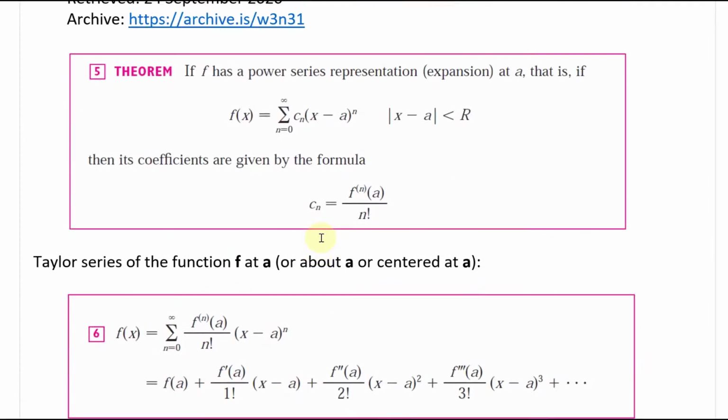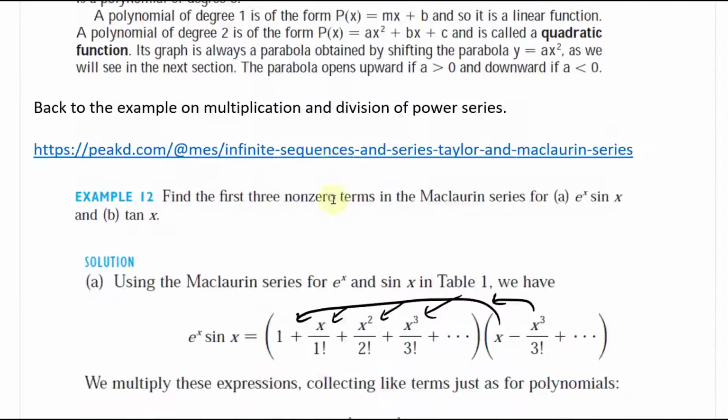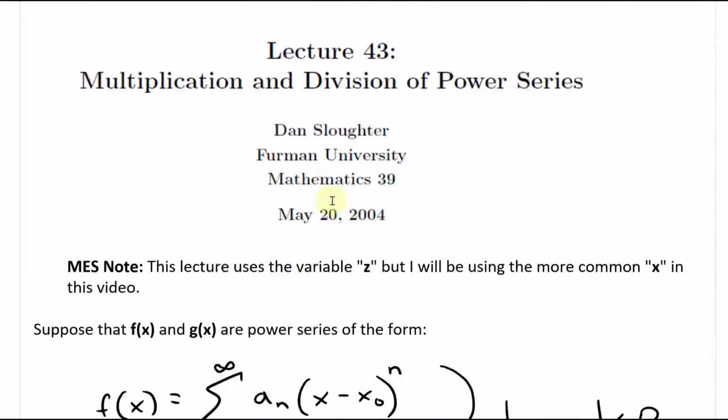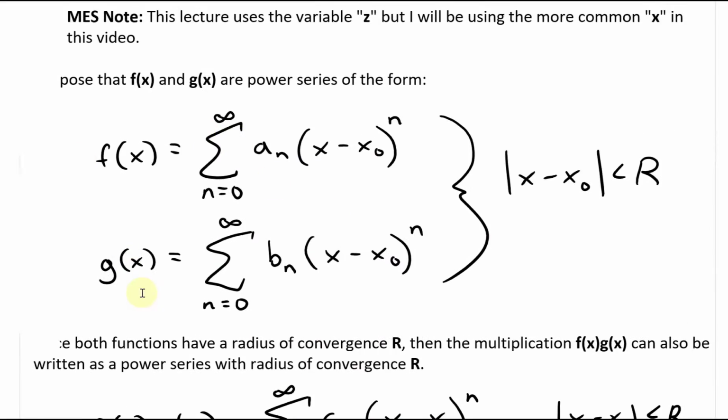So this is the Taylor coefficients. A Taylor coefficient is just the nth derivative at a divided by n factorial. So, we already know that. In our case, for f of x and g of x, we have the nth derivative of f of x divided by n factorial.